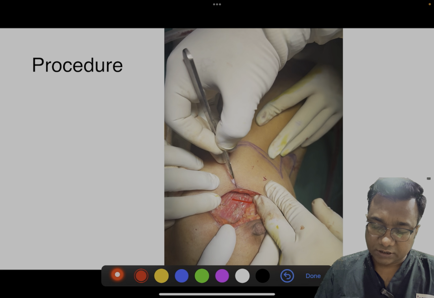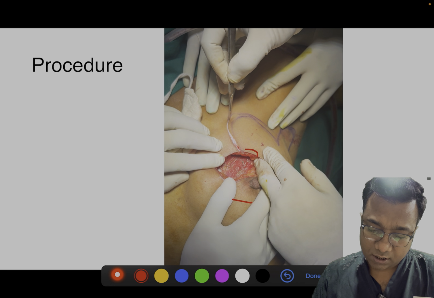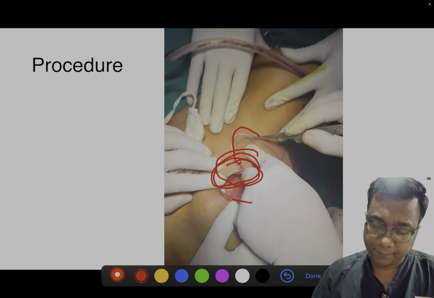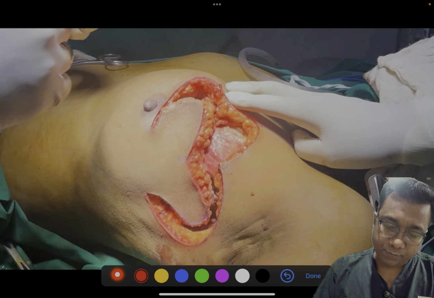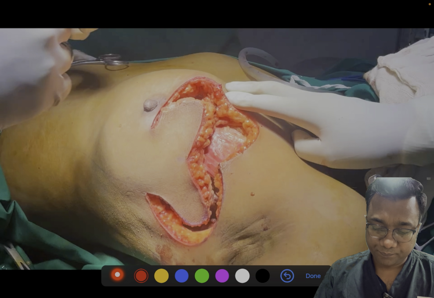Now this is the cut we are making. This is the primary area being removed, and this is the first cut we are making. And that's the next cut. So supercharging is based on the LTAP.